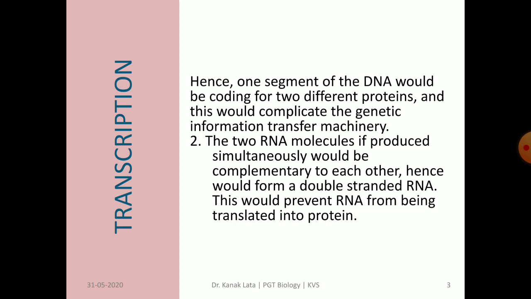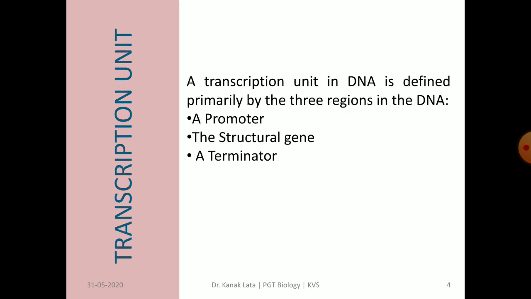Also, if the two RNA molecules produced are complementary to each other, they form double-stranded RNA. So, the process of translation will not take place. Why? Because if it is double-stranded, the translation process will not take place.